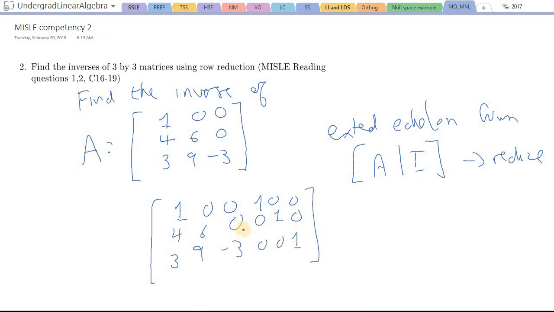Now in this case, it is not very difficult to reduce this. The first row is already there. It's basically the second and third row that you have to take care of. Second row, I just take minus 4r1 plus r2.